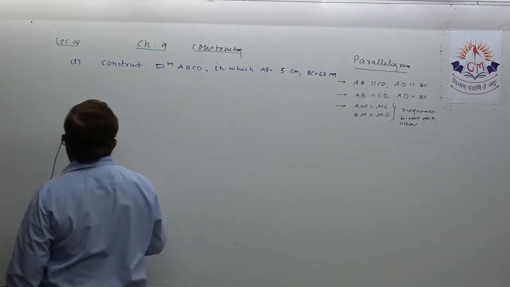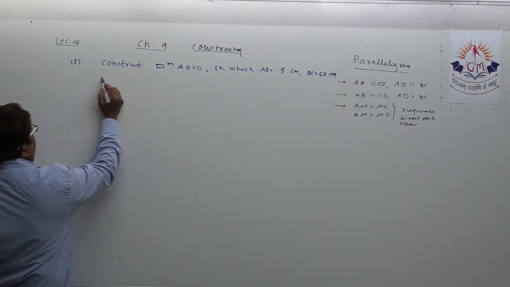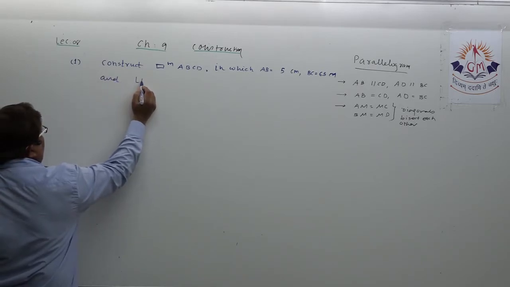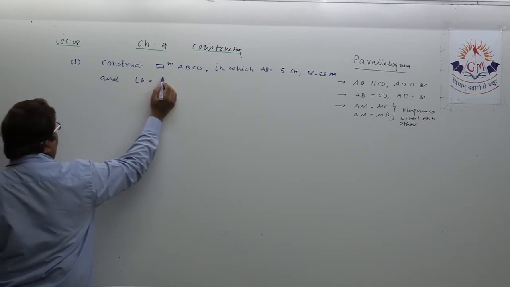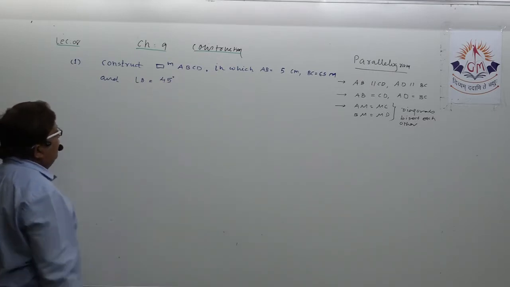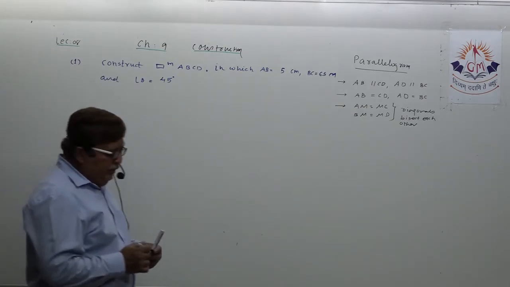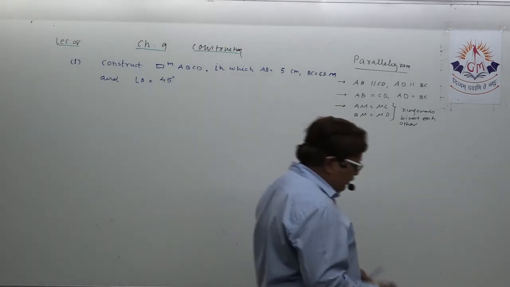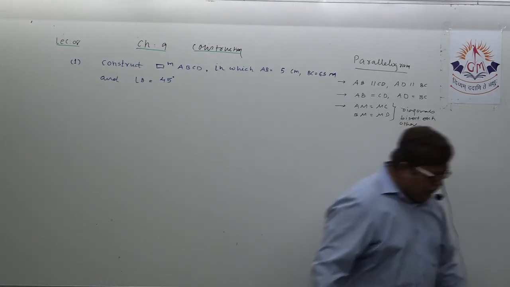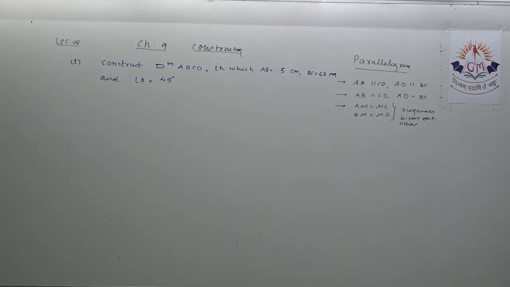These two adjacent sides are given and angle B equal to, suppose I say, 45 degrees. This is the data which is in front of you. First, dear students, try to understand the data.